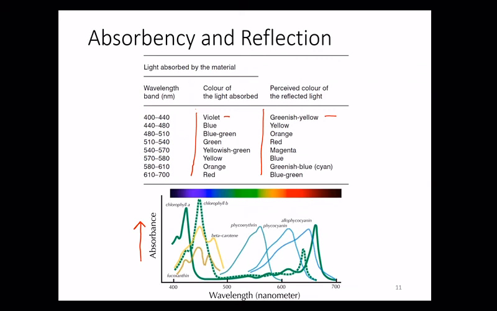And so you'll notice chlorophyll A. Chlorophyll A is the dark green line. And so chlorophyll A is absorbing light in the blue spectrum and in the red-orange spectrum. So what it's reflecting back, if we combine those colors together, it's going to give us green. That's why plants are green.